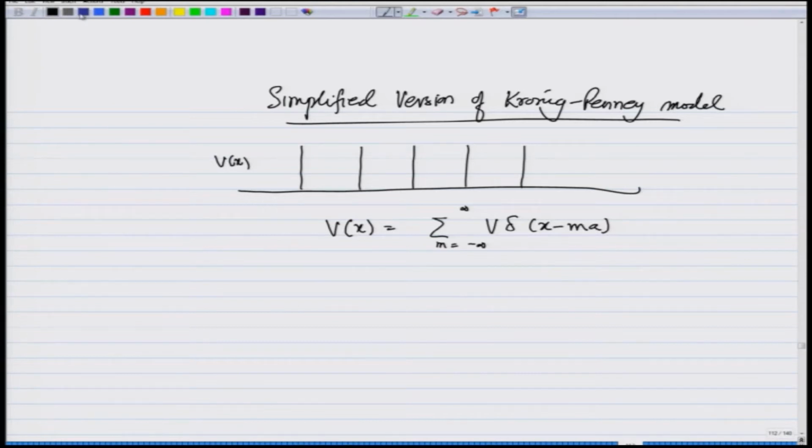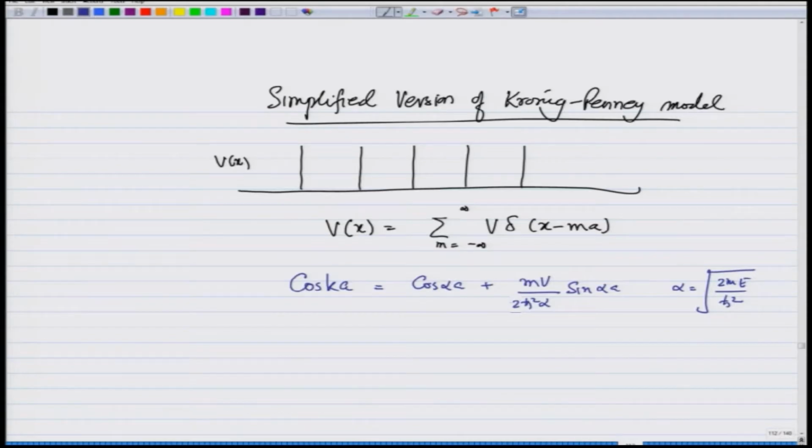And what I showed is that if you go through the boundary conditions and Bloch's theorem, you get an equation: cosine k a equals cosine of alpha a plus m V over 2 h-bar squared alpha sine alpha a, where alpha is the square root of 2 m E over h-bar squared.